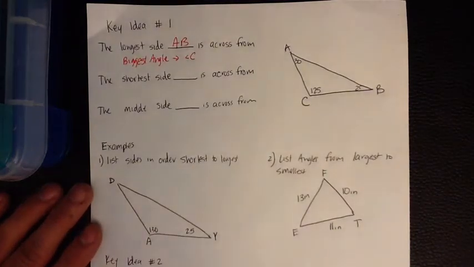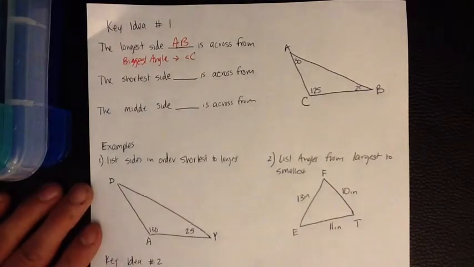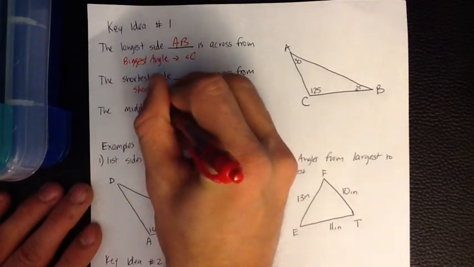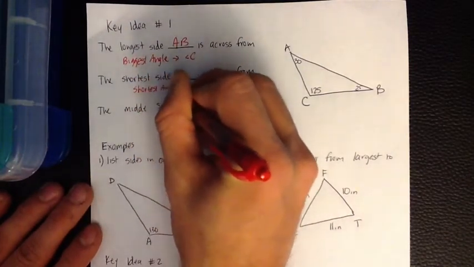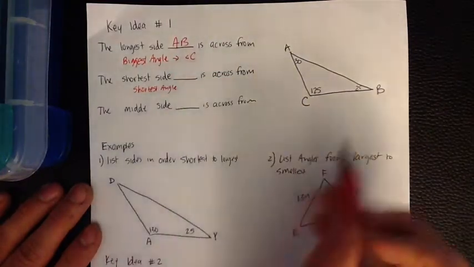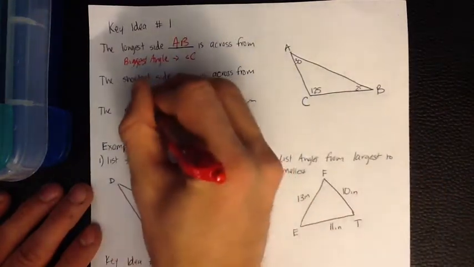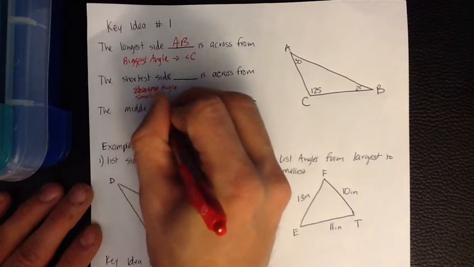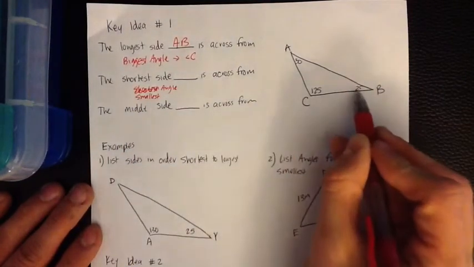And conversely, the shortest side has got to be across, you guessed it, from the shortest angle. Or I put shortest, that doesn't really make sense because an angle can't be short, but smallest. The smallest angle being 25.